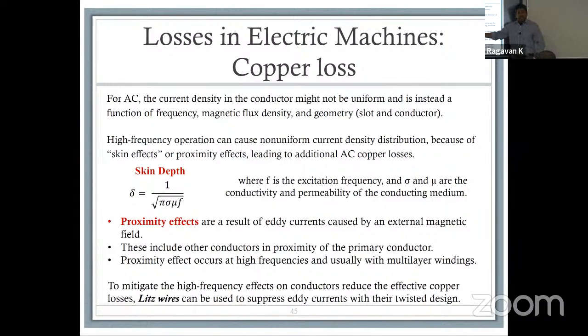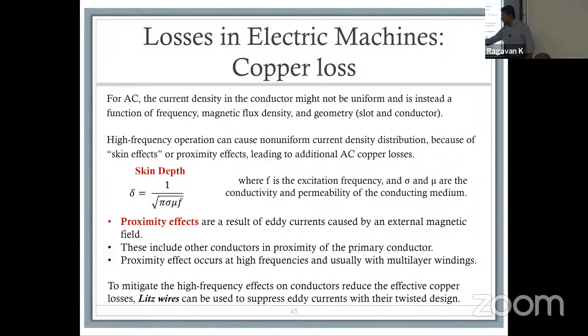So proximity effect is basically your eddy currents that are created because of current flowing in the adjacent conductor. Skin effect is because of current flowing through the same conductor itself. It creates a difference in how much of the conductor is handling the current. And here it is going into proximity effects.